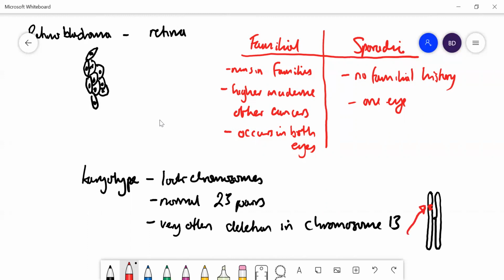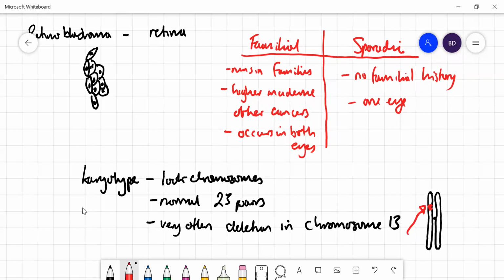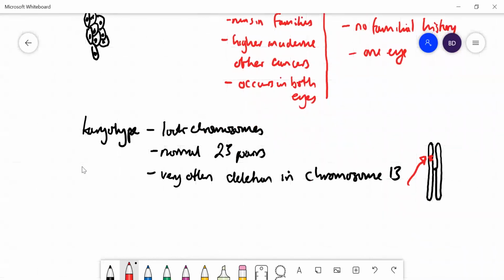And I think in 1986, someone managed to clone a gene which encoded an mRNA, and that mRNA was missing in a lot of retinoblastoma tumors. Okay, so the gene was given the name RB, and because they knew what the gene was, they could investigate children who had the familial version, children who had the sporadic version.